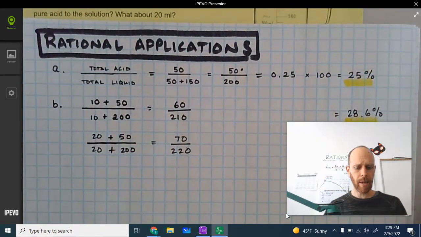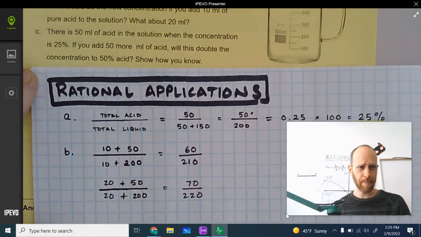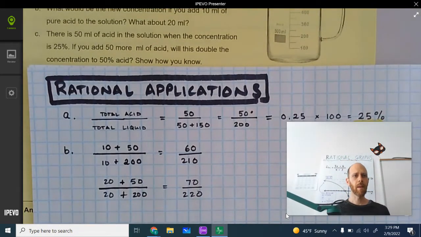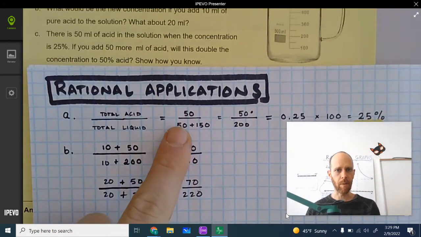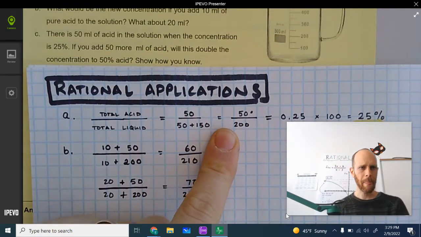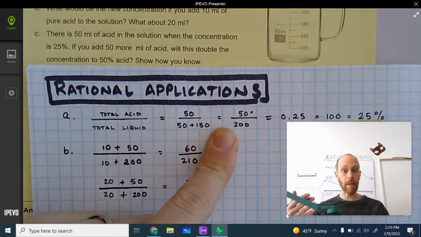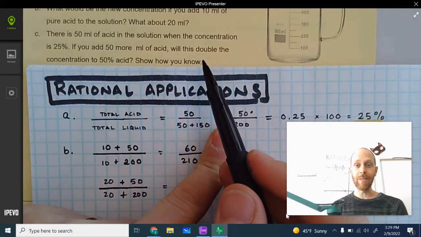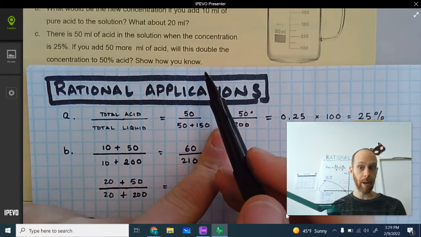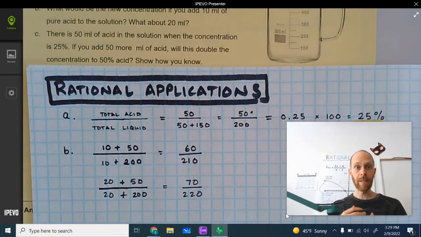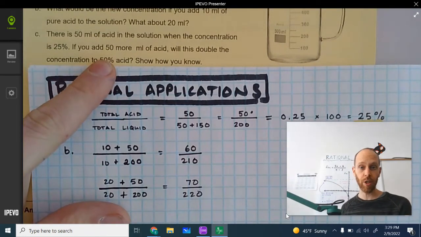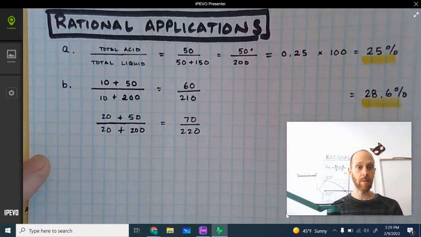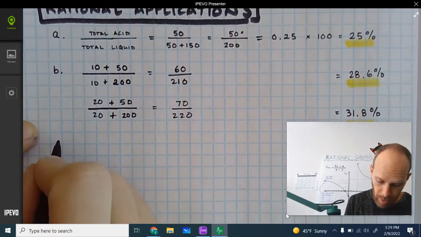Now, things are going to get a little more interesting. Take a look at C. C says there's currently 50 milliliters in. All right, so we're back to this situation. If you add 50 more milliliters, so if you double the amount of acid, will that double the concentration as well? So if we double the amount of acid, does that also double the concentration to 50%? Let's see.